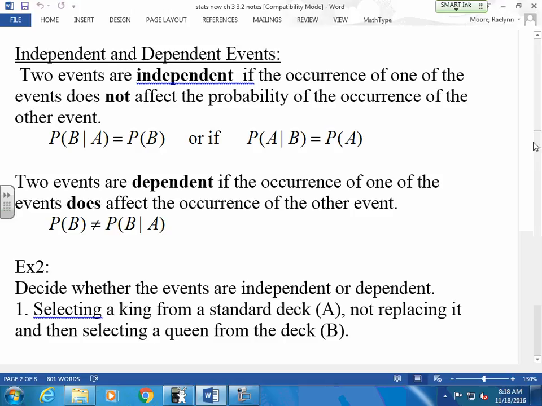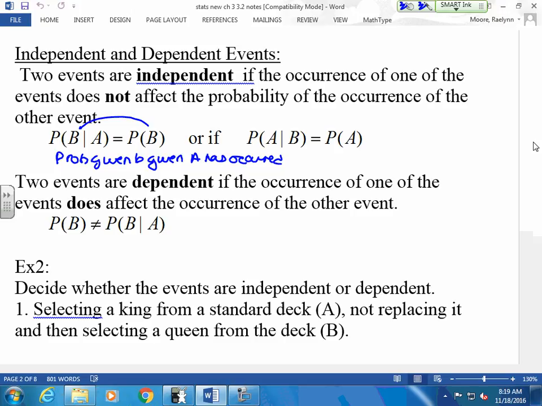So they write it like this, that the probability of B, let me just write this out. The probability of B, given A has occurred, is still going to just be the probability of B, because A had no effect on it.